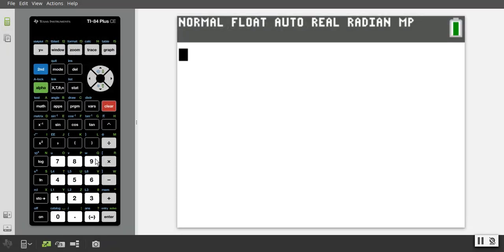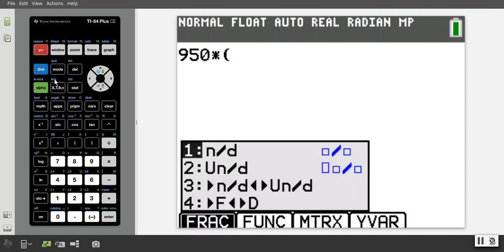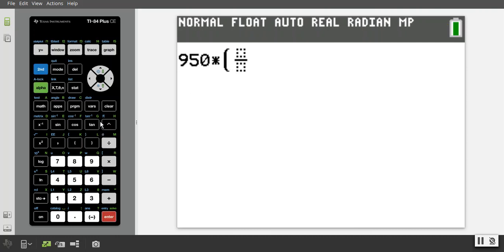So we know that it's 950 multiplied by, now what we can probably do is just use the expression so that way I can do this all in one, divided by 12. And then this one is going to be 1 minus, and then I just need to put parentheses 1 plus 0.08 divided by 12.